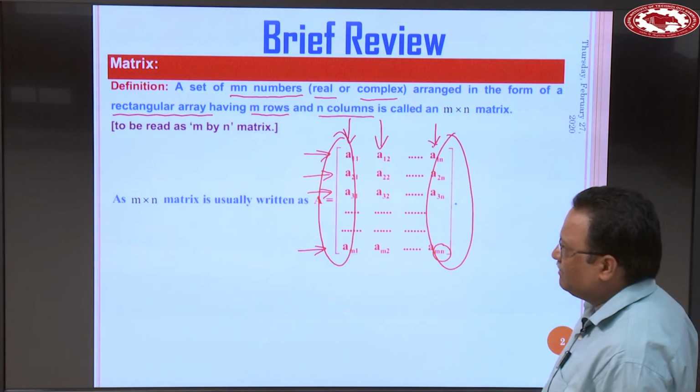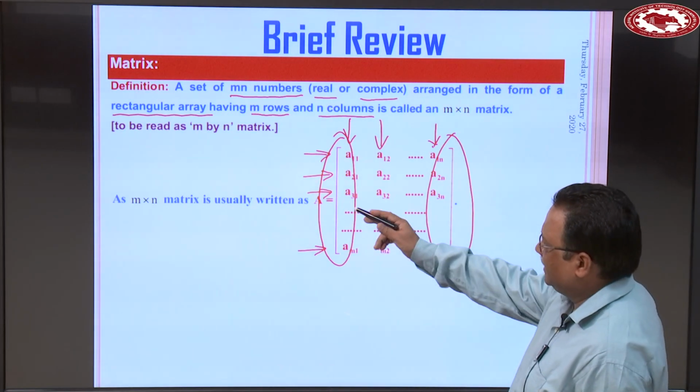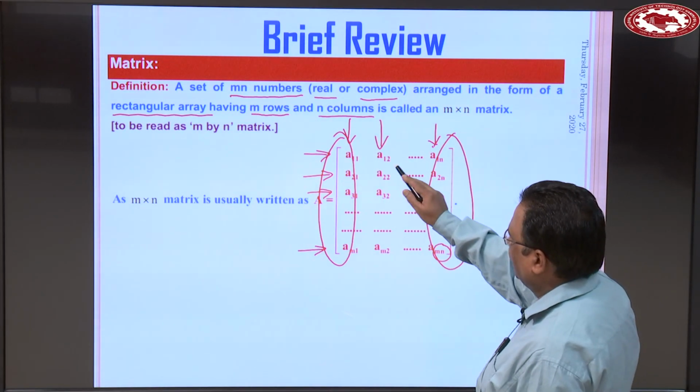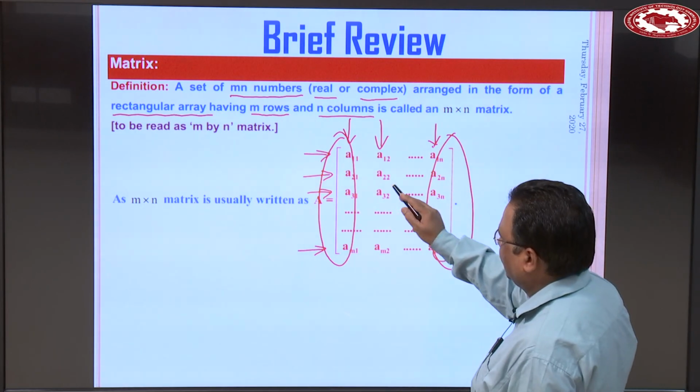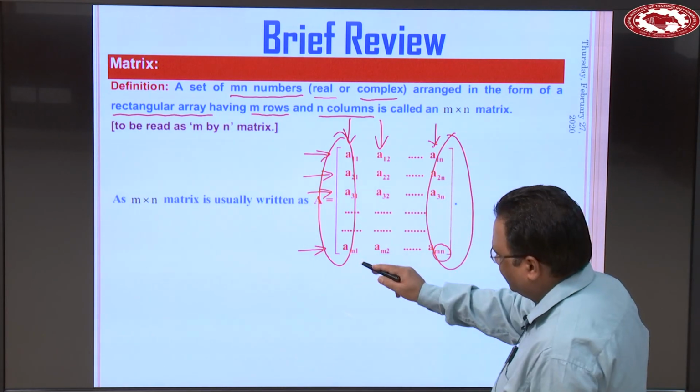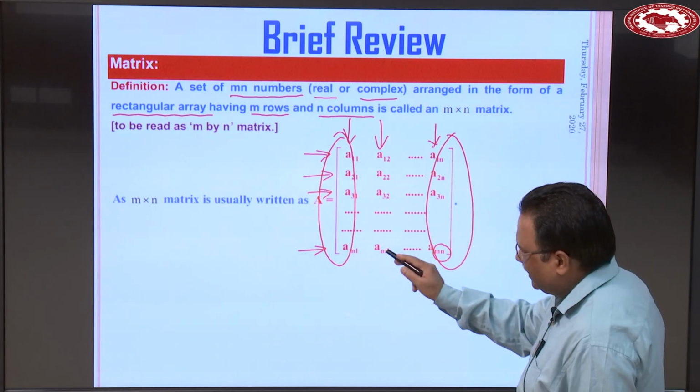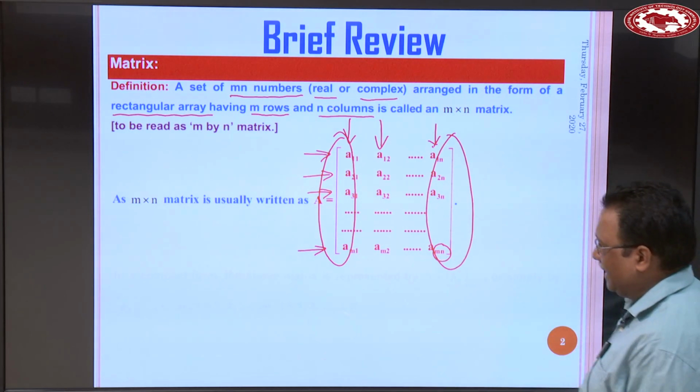An m by n matrix is usually written as A is equal to A11, A12, A1n, A21, A22 and so on, A2n, and the last row is Am1, Am2 and so on, Amn.